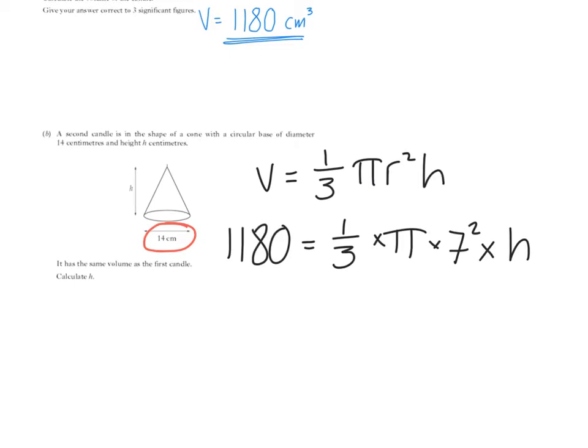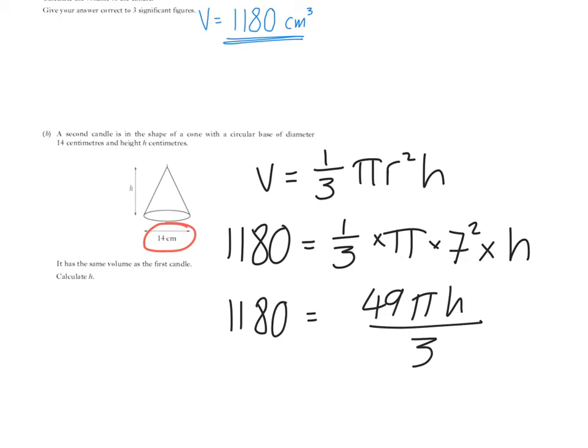Tidying up what we have at the moment, we have 1180 on the left hand side. We then have 1/3 times pi times 7 squared, which is 49, multiplied by the height. So we can write that as 49 pi h, and the 1/3 means we're dividing this all by 3.